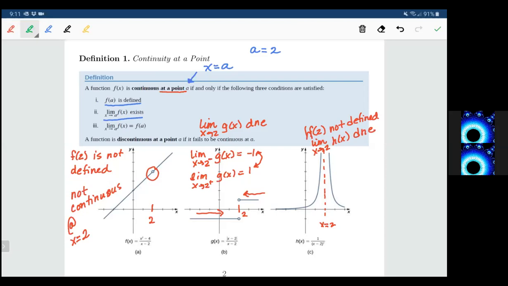So we didn't even get to the third condition. Once we've validated that f of a exists and that the limit of f of x as x approaches a exists, then we have to check that those two are equal. When we have that, that is our full definition of continuity.